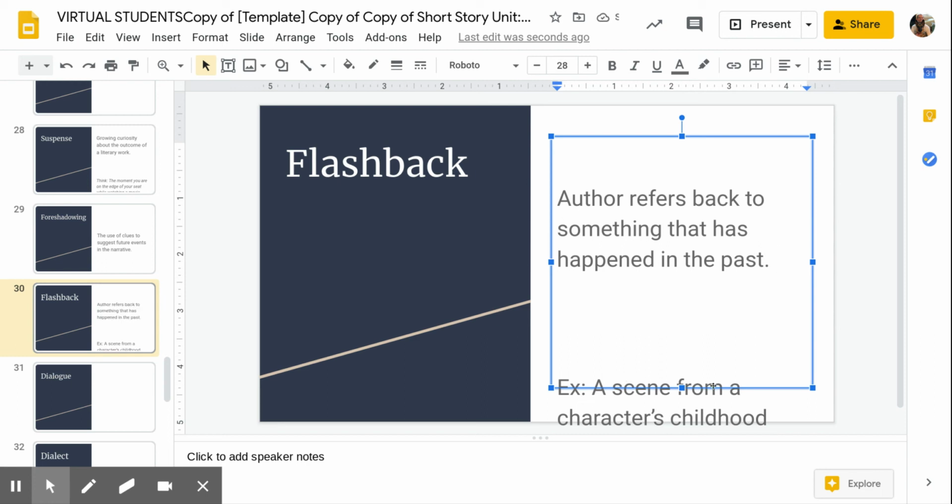For example, a scene from a character's childhood. That's one of the biggest flashbacks during movies or TV shows. So all it is is an author referring back to something that has happened in the past.